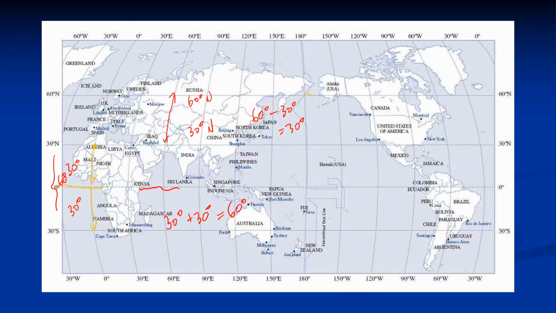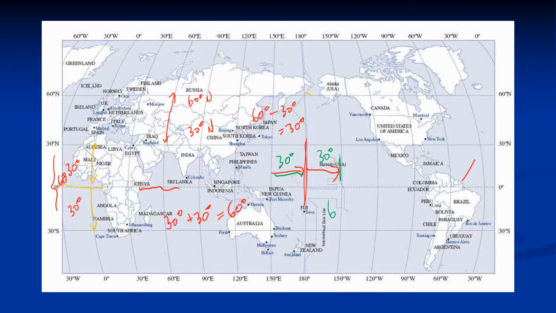We can also cross the international date line, can't we? So we'll have a look at this in a little bit more detail soon, but if I'm travelling from here to here, I'm travelling from 150 degrees east to 180, so that's 30 degrees. Let's try different colours. I'm going from here to here, travelled 30 degrees, and then let's say I'm travelling to somewhere like Hawaii. I've travelled another 30 degrees.